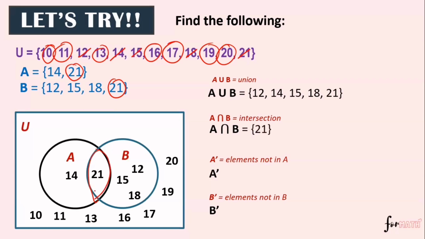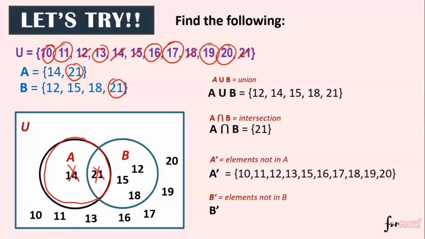So, we got 21. And pag sinabi naman natin A prime, elements not in A, ibig sabihin, yung mga elements na not in A. So, hindi kasama yung mga nasa A. Okay, so therefore, ang ating A prime will be 10, 11, 12, 13, 15, 16, 17, 18, 19, 20. Okay, so that is our A prime.